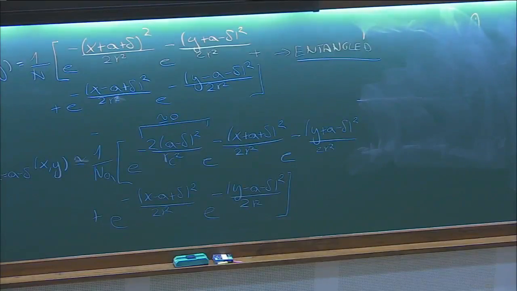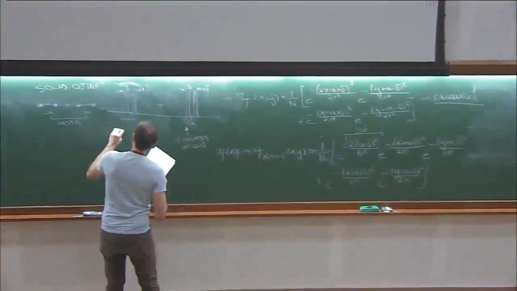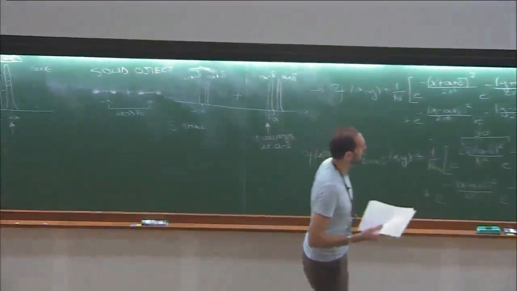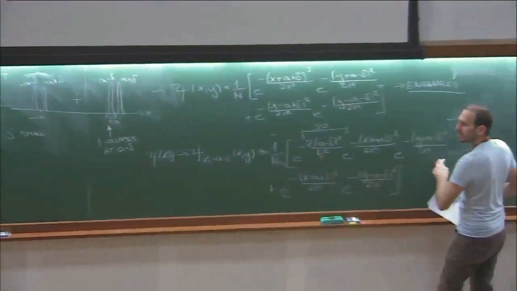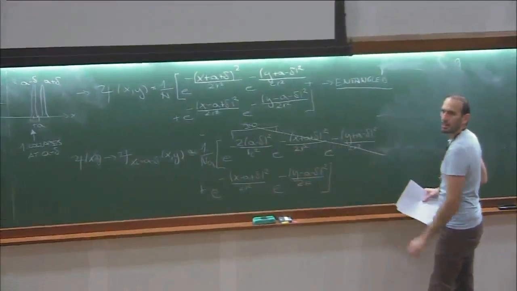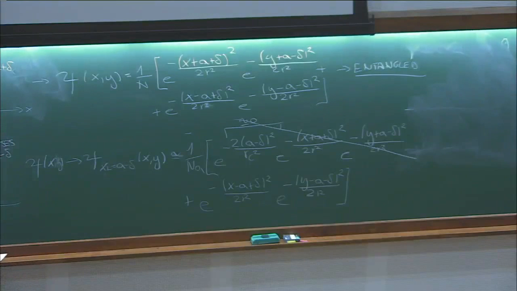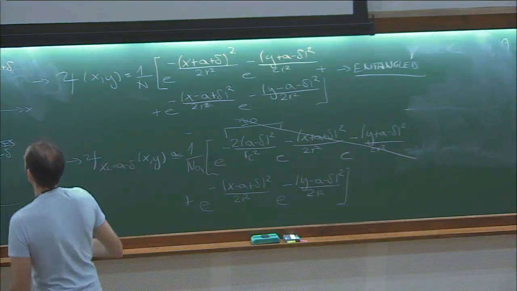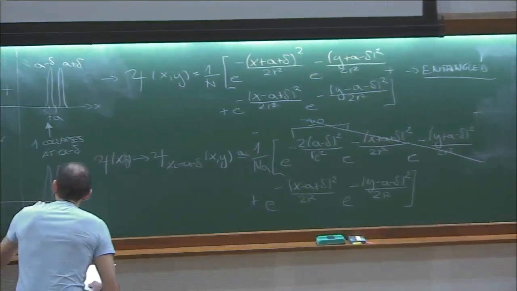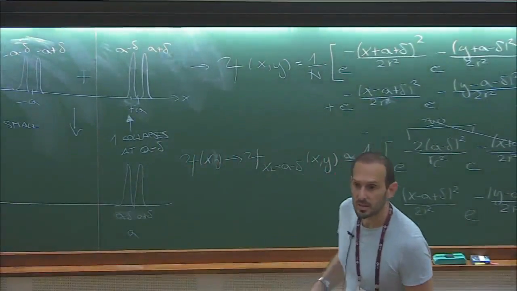Delta here is really small, as small as you wish. But what is the situation here? That now this is in front of this, and it kills everything. So it means that after the collapse, the state is this one.